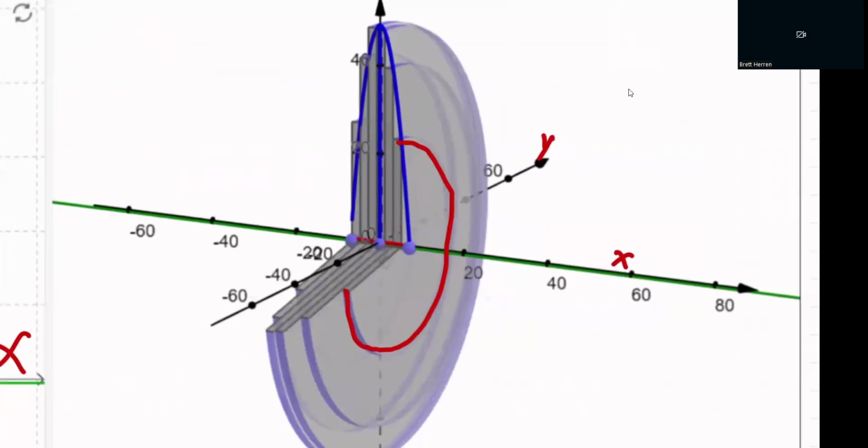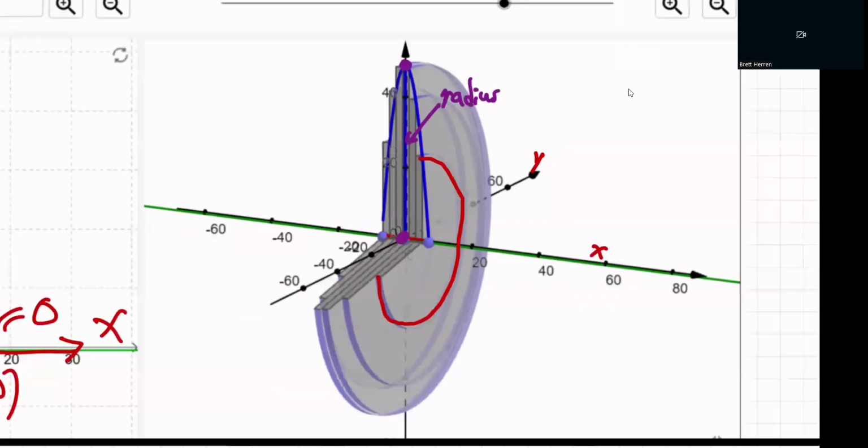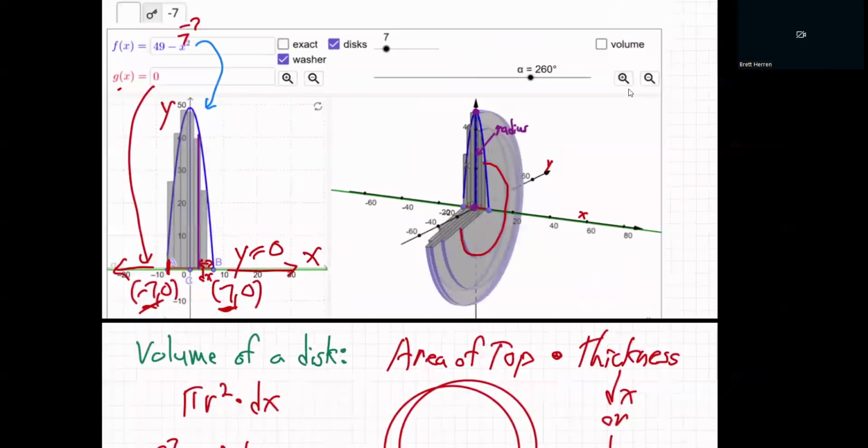But remember, the radius of a circle is from the middle of the circle to the edge, right? Yeah, like you can see right here. This guy is a radius because he goes from the middle of the circle to the edge. That's a radius line, isn't it? See that? So what's the radius line? How far is that?